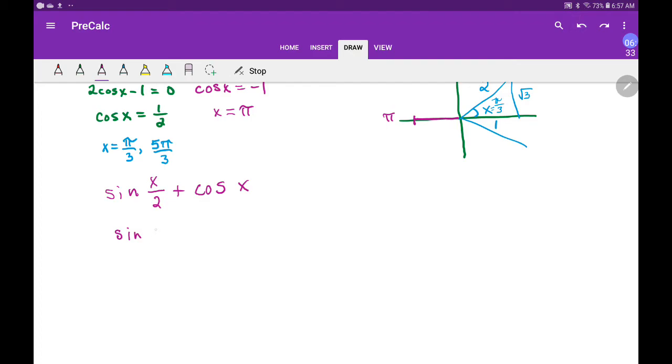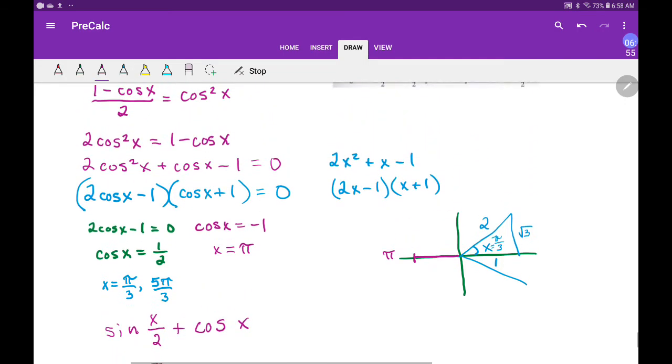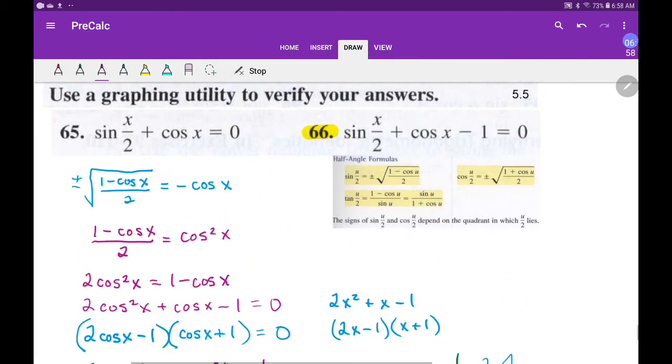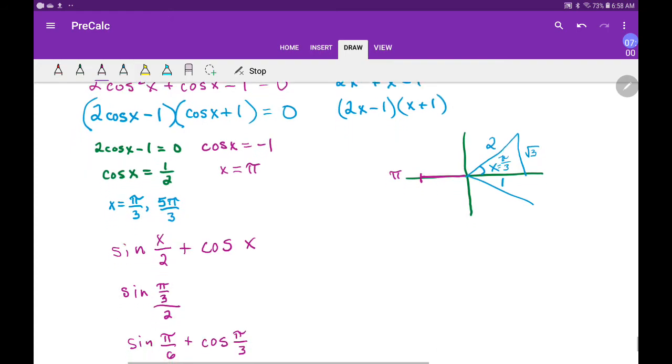We'll say the sine of pi over 3 over 2, which means the sine of pi over 6, right? Plus the cosine of pi over 3. It's supposed to be equal to 0.